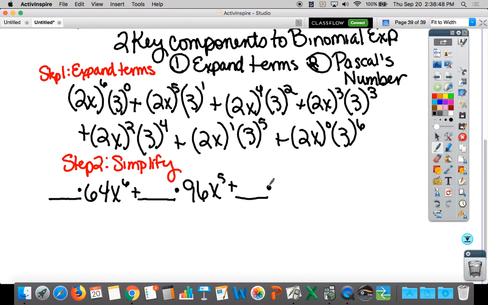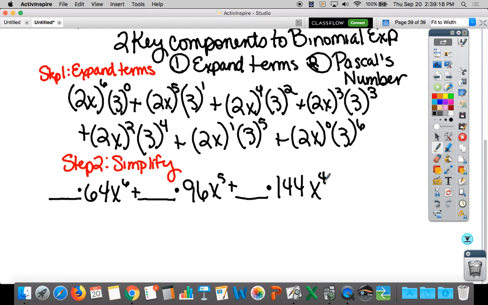Do 2 to the 4th times 3 to the 2nd. What does that turn out to be? 144. Okay. And that will be x to the 4th.